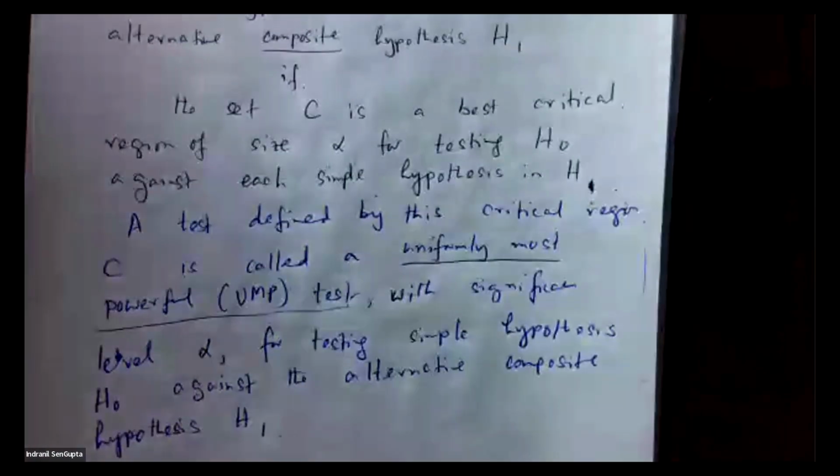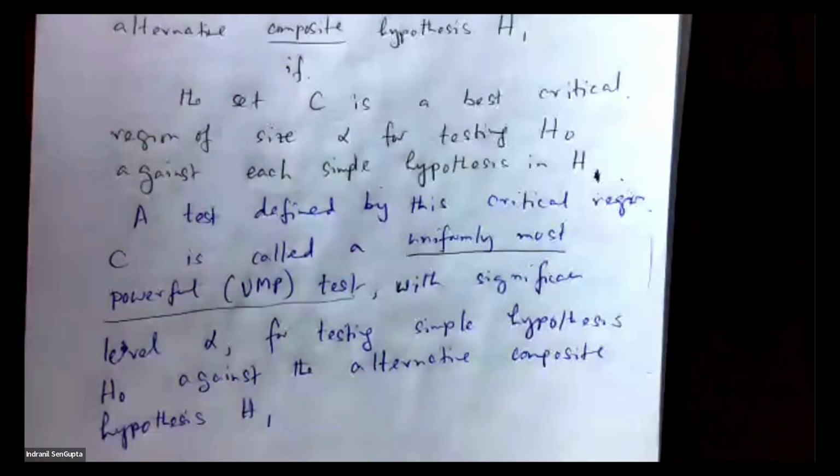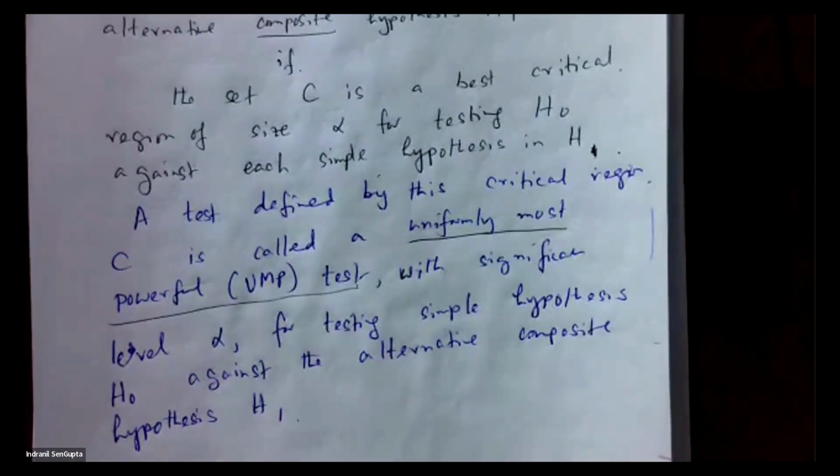So that's the definition of the uniformly most powerful test, corresponding to the uniformly most powerful critical region.